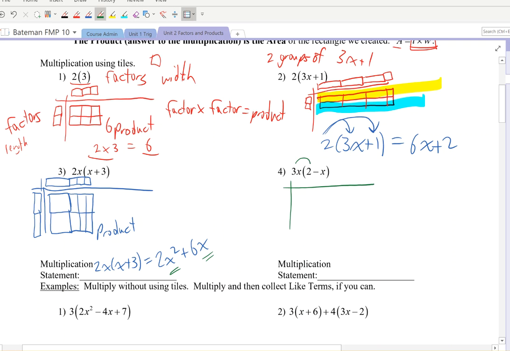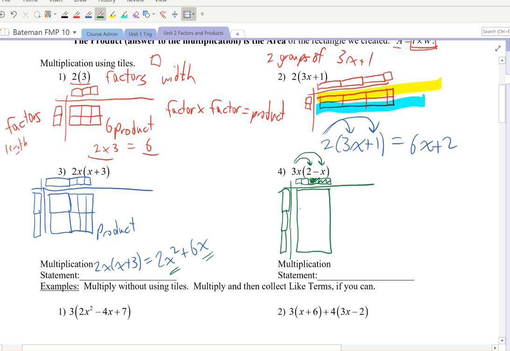3x times 2 and 3x times negative x. There's 1, 2, 3, and then we have times 2, 1, 2, and the negative x. Now we have some shading that we've got to be careful of. So again, you could retrace the outside of the shape or do the individual multiplication like I just finished doing.